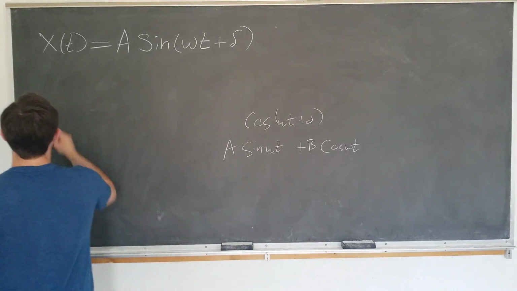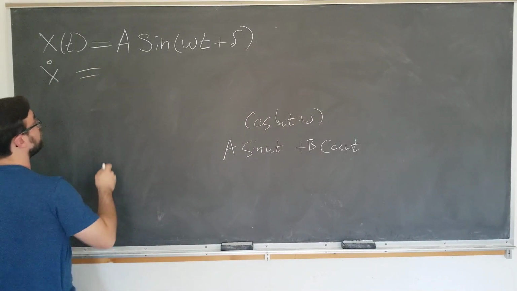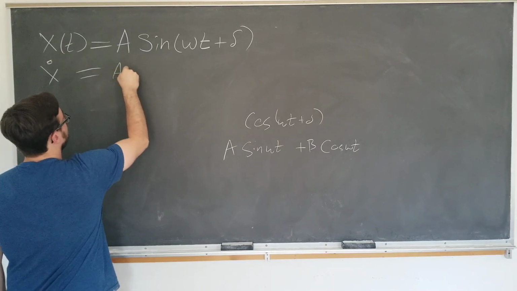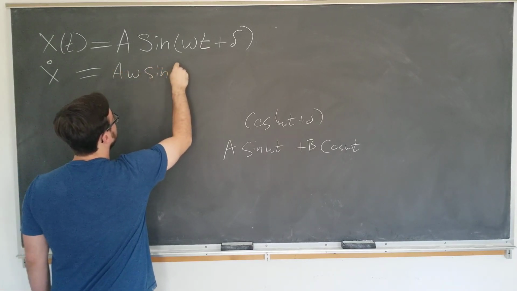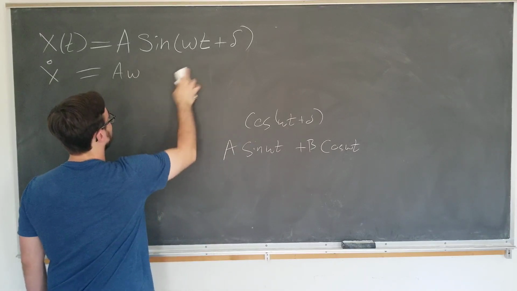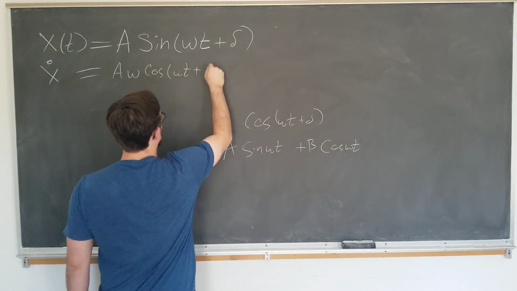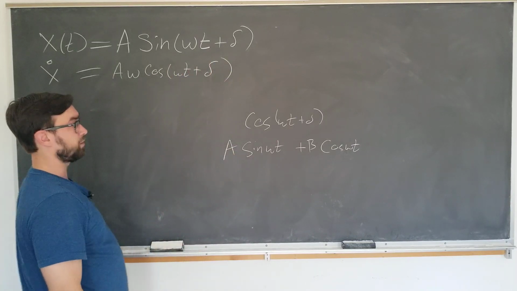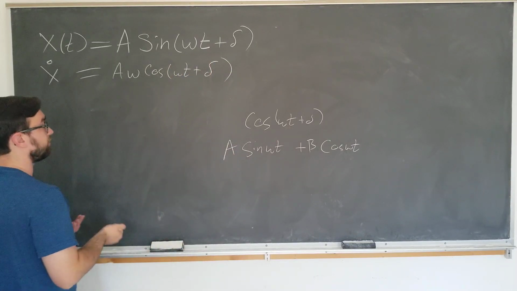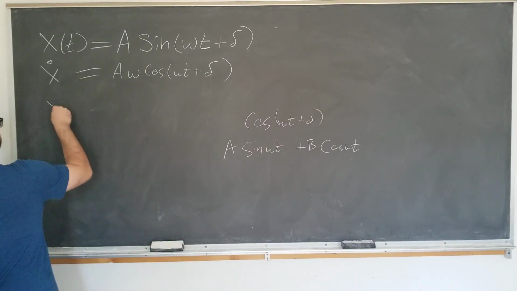Let's start by taking derivatives. x dot is then going to be a omega sine omega t, sorry, turns into a cosine omega t plus delta. And now, just for fun, we're going to take a second derivative and see what kind of differential equation this can solve.